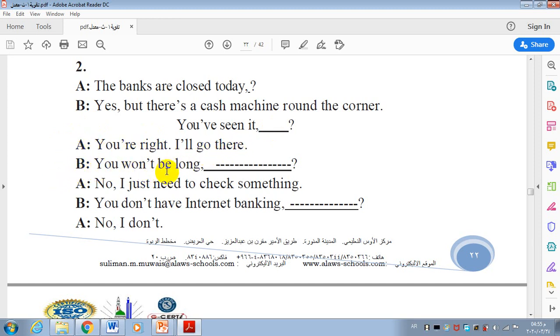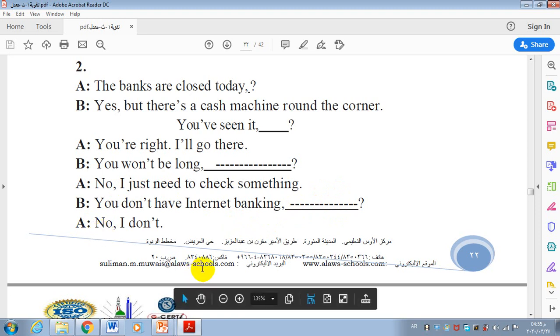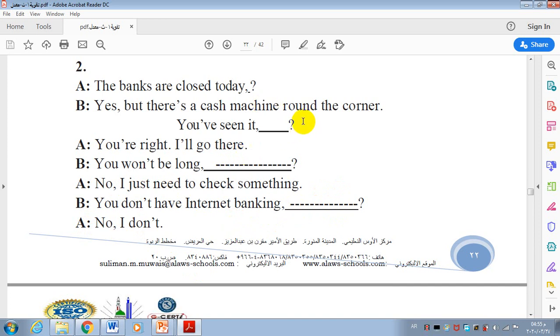B. You won't be long. Here we want a question tag too. A. No, I just need to check something. B. You don't have internet banking. Here we want a question tag too. And he replies and says, no, I don't. Please, my dear students, pay attention and give me the answers for these sentences.